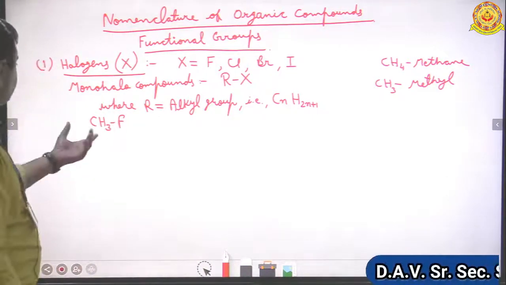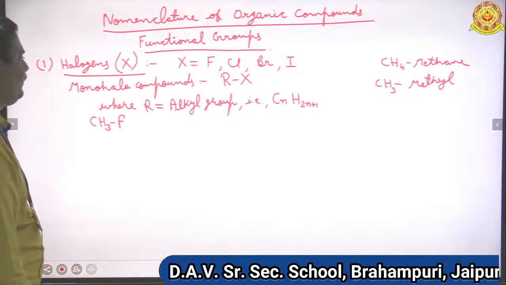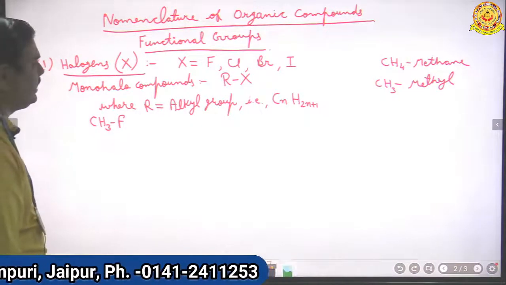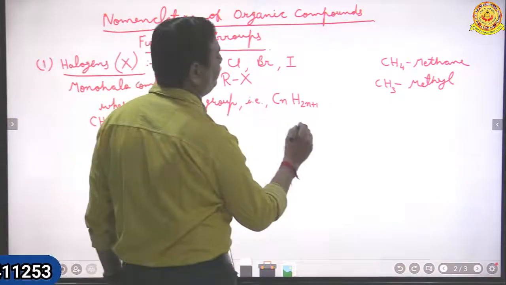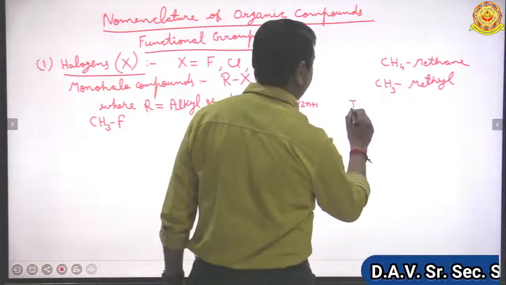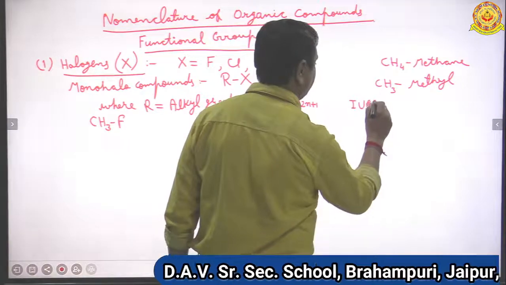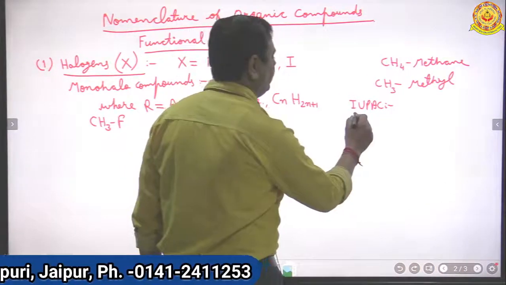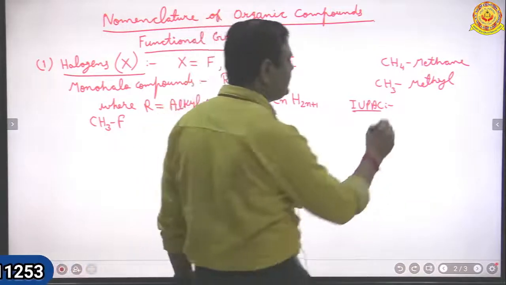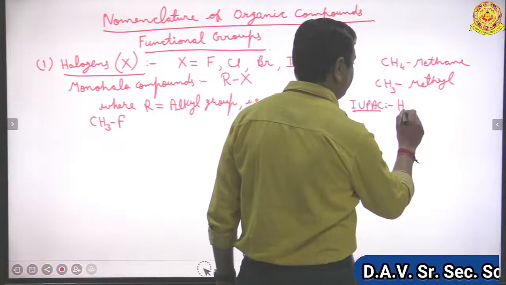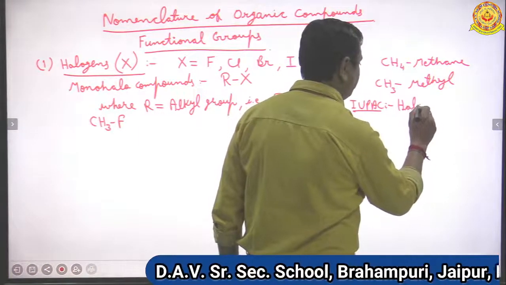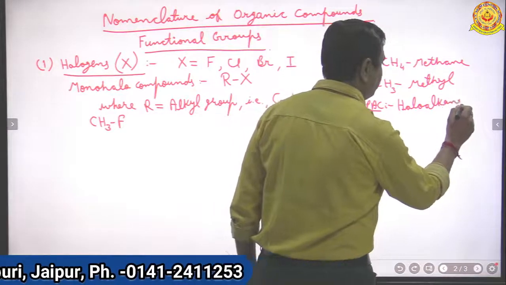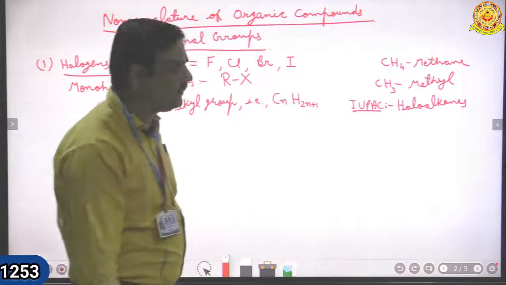Now examples. CH3F. Now how are they named? In the IUPAC system, they are named as haloalkanes.